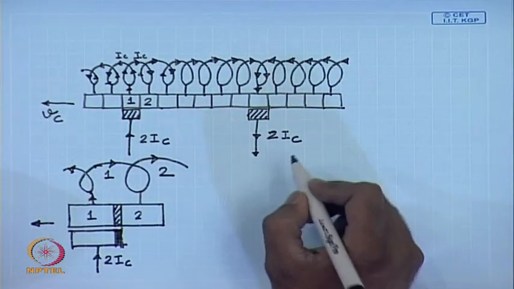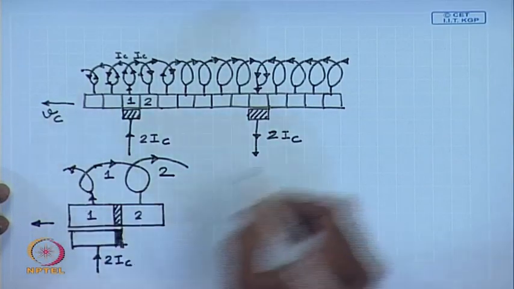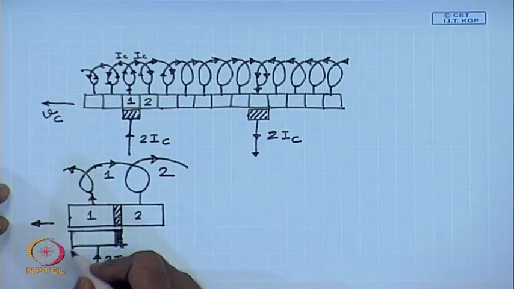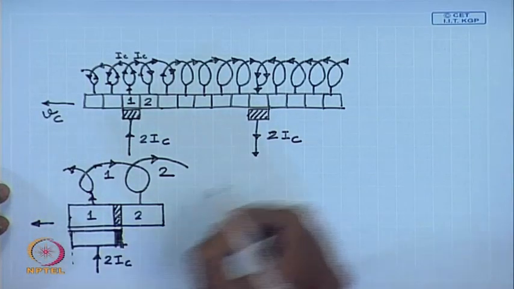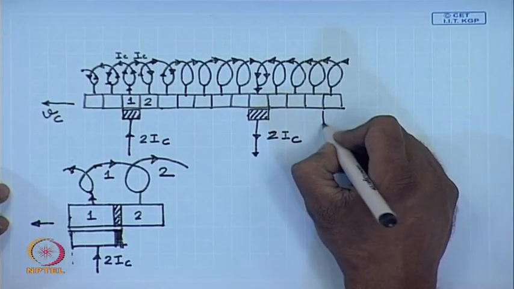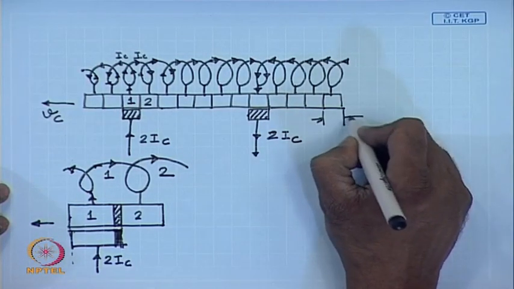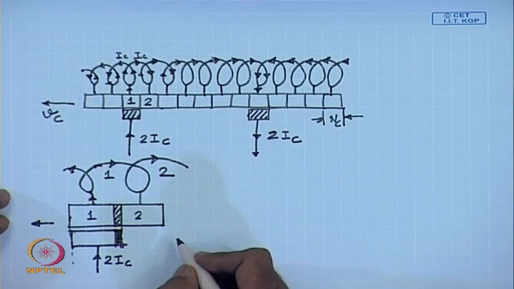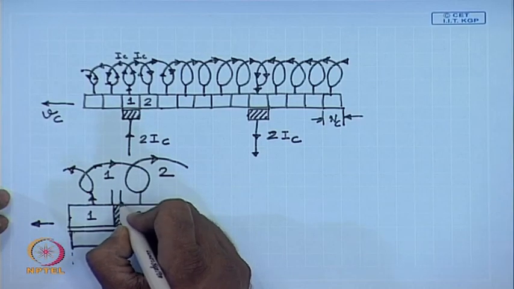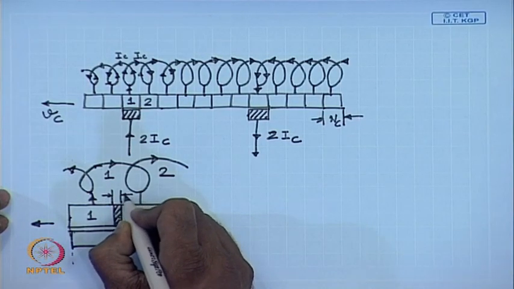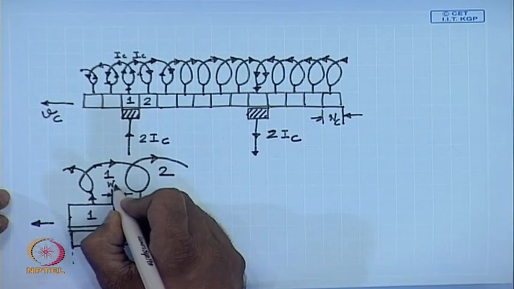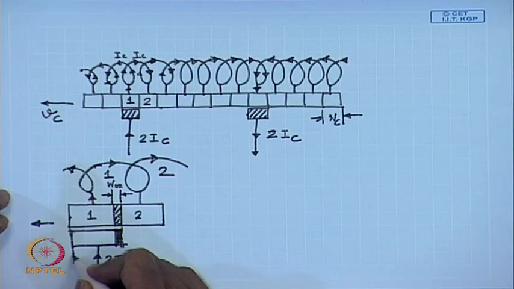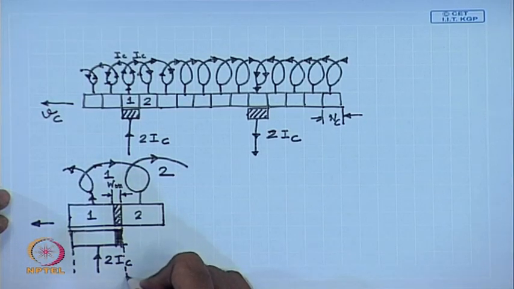Let us also define a few other quantities. For example, let us say the width of one commutator segment is W c, the width of the mica insulation here is W m, and the width of the brush is W b.